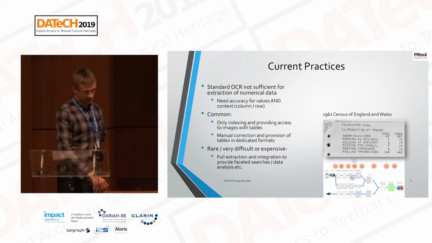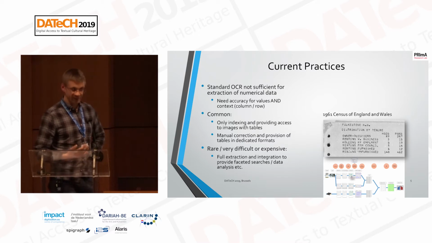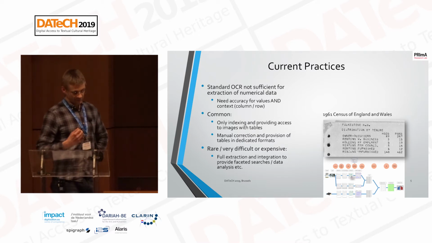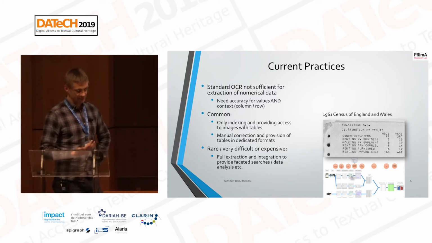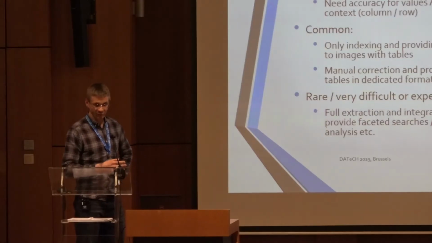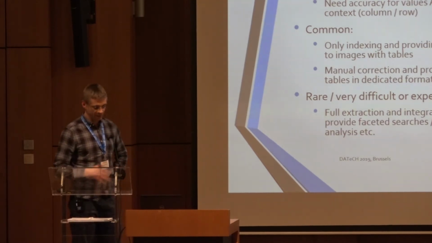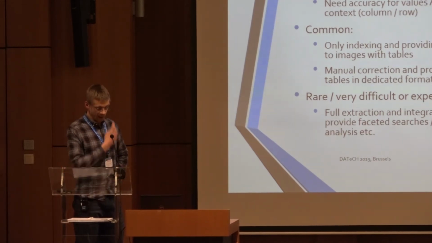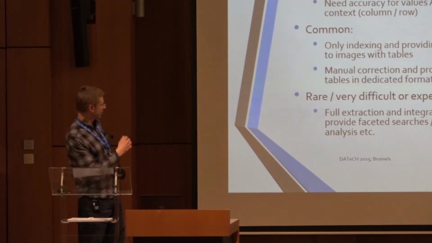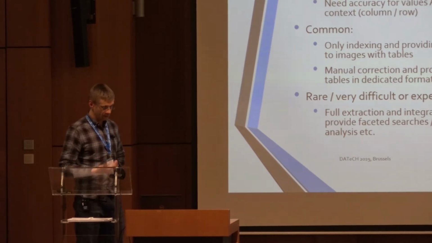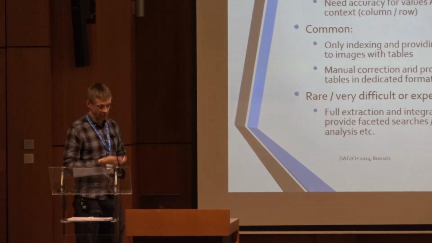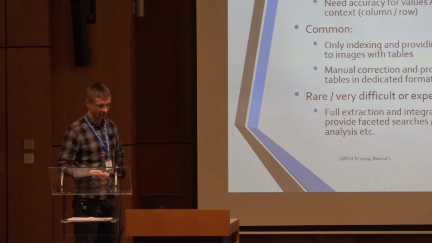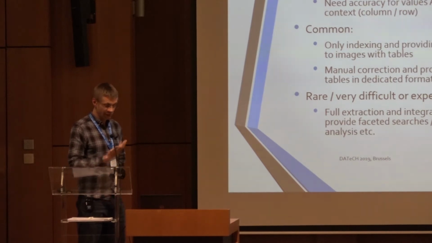Because it's quite a challenging task, usually smaller projects will only give you an index of the images, either by item, so for a whole book you get an index and have to browse through the images yourself, or in better cases you get it per page, so whatever is on the page is indexed and you can find that image. In some cases, like the MOH reports, you also get manual corrections and, as I mentioned, dedicated table formats to download.